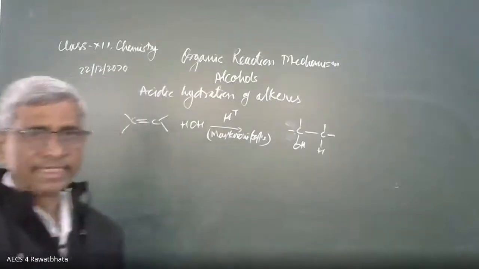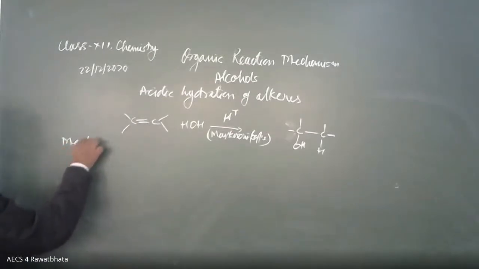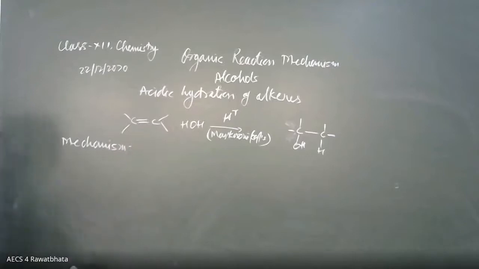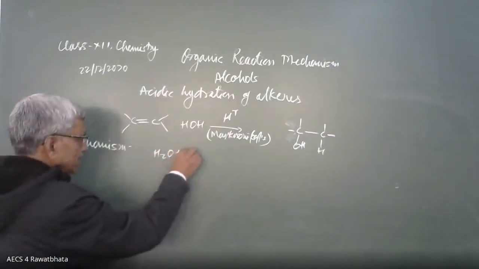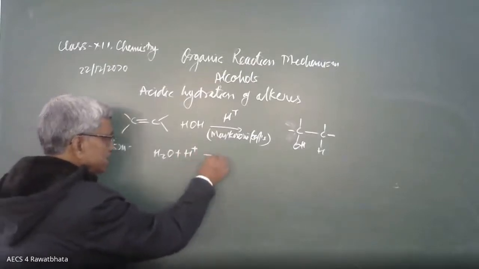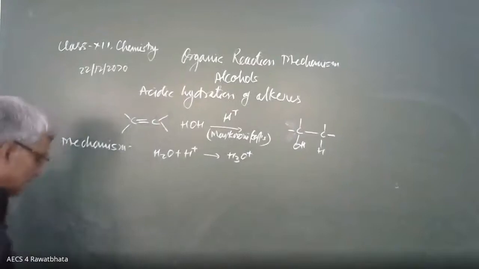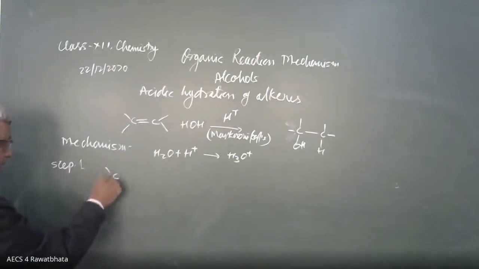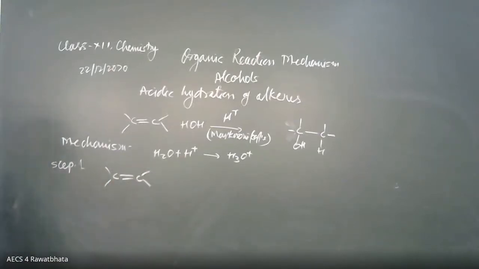Okay, beta? Then what is the mechanism of this? Its mechanism is, first of all, water gets proton from the acid to form hydronium ion, H3O positive. Then step one is this alkene, maybe symmetrical, maybe unsymmetrical, any alkene.